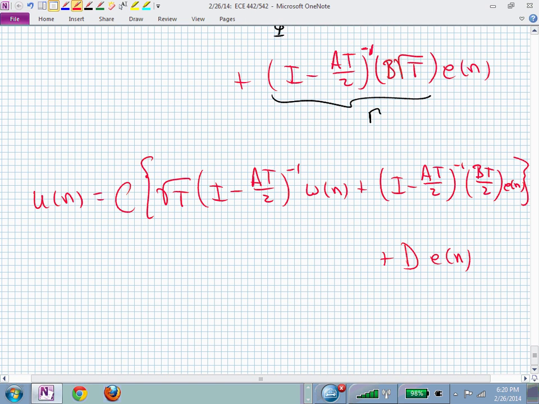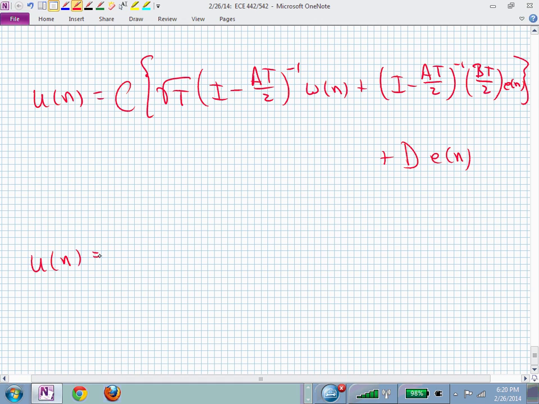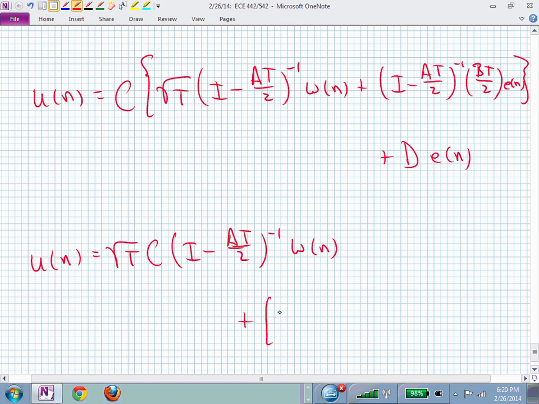And if we clean that up or combine terms, we end up with U of n equaling the square root of T C, so there's the square root of T multiplying the output, and we had a square root of T multiplying the input, I minus AT over 2 inverse W of n, plus D plus, and this C needs to be distributed into that second term in the curly bracket, C I minus AT over 2 inverse BT over 2.